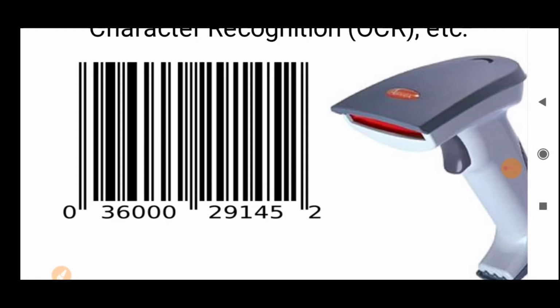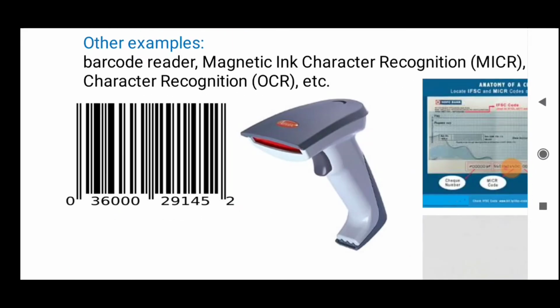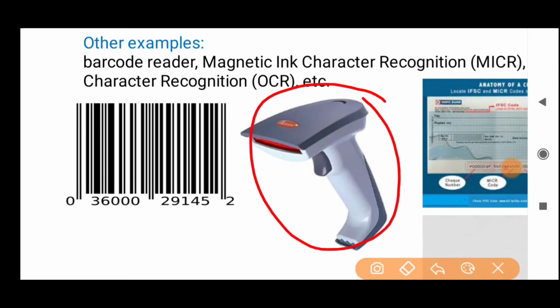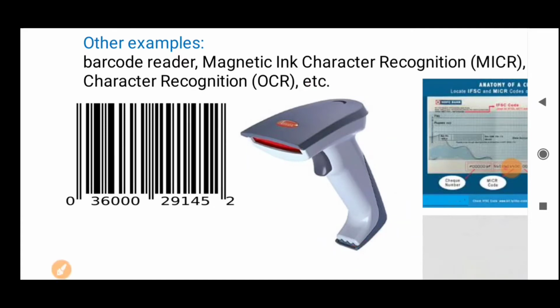Now 0 will be of this width, 3 will have a width which is more than 0. So it is going to have lines of various sizes, and this can be scanned by using this barcode reader. You just have to place the reader over the barcode and immediately it will scan and convert this figure into the numerical representation.